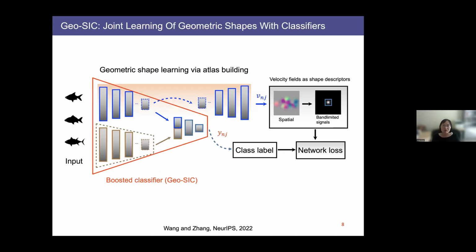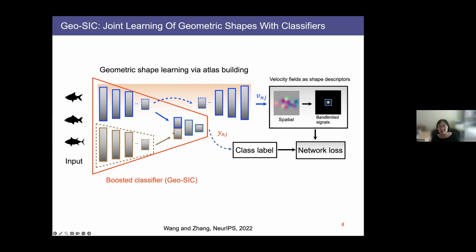I'll flash back to our NeurIPS paper 2022, done by my student Jian Wang. After we learn the deformable shapes for the group of images, or within-class images, we inject the latent shape features and combine them with the images.